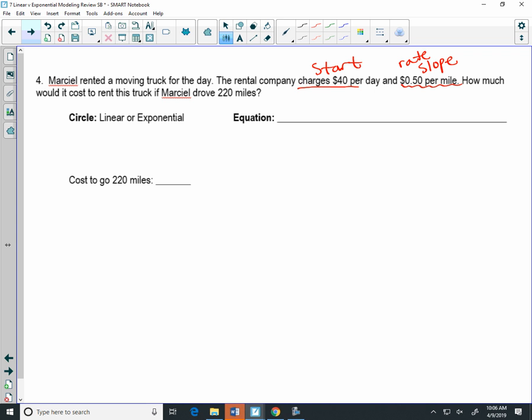And we're not multiplying by anything. We are adding 50 cents per mile. So we've identified this as linear since we're adding. And let's create our equation first. y equals blank x blank.